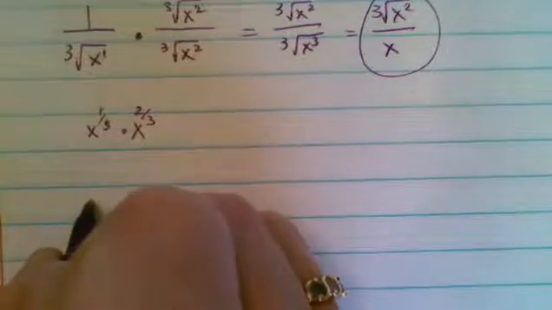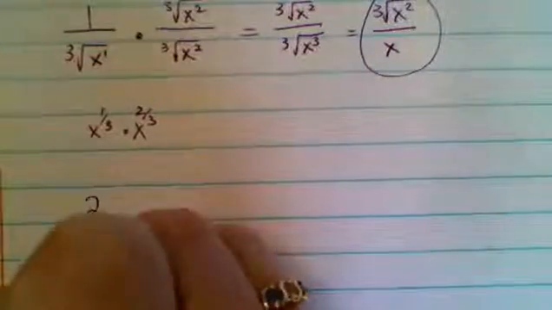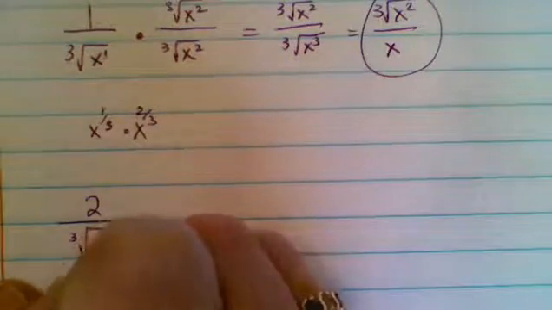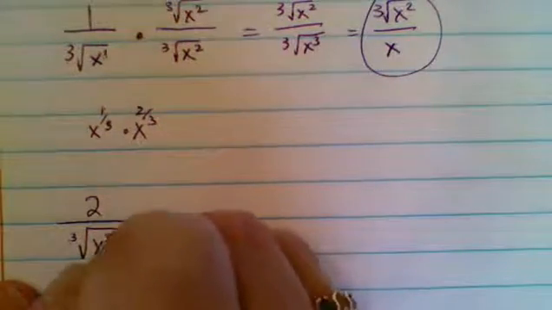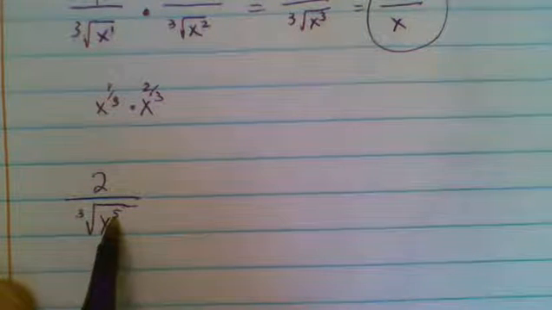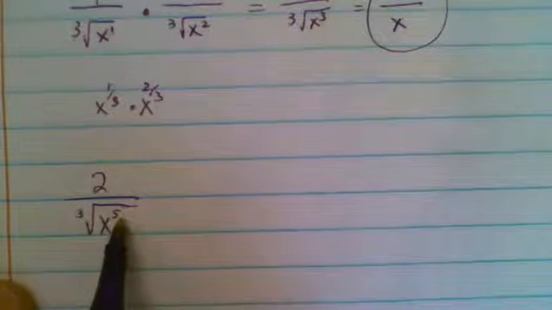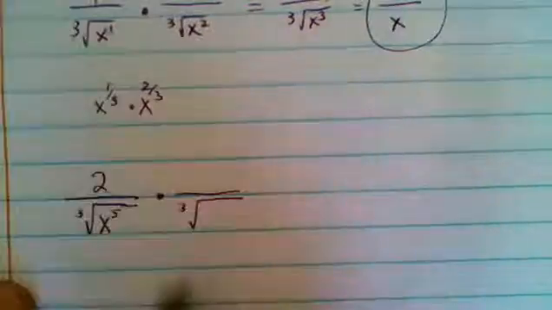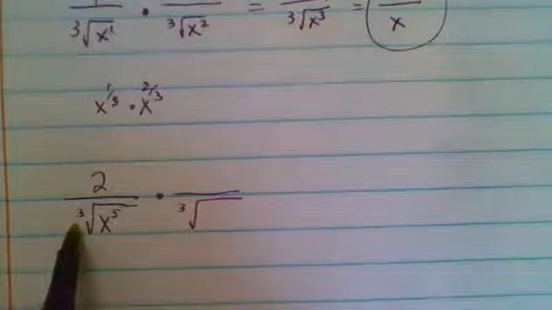So let me do another cubed root one. Let's say I have 2 over the cubed root of x to the 5th. And so when I look at that, I have 5 x's multiplied together. I have to think about what can I multiply by? So as I go up, what can I multiply by so that when I take the answer divided by 3, I get an integer?